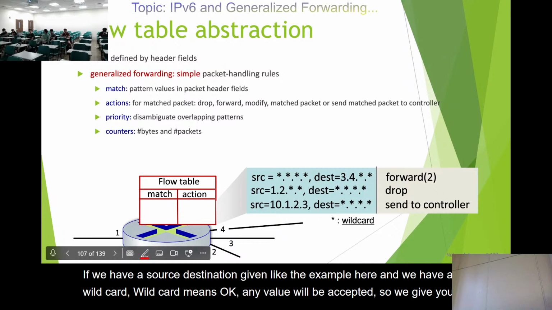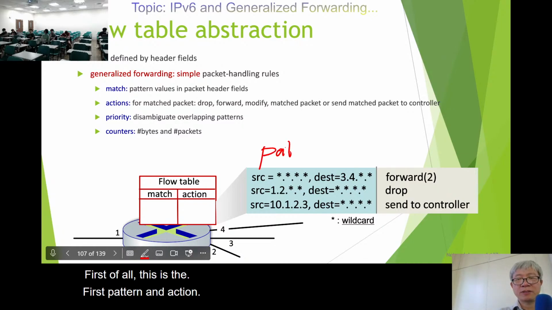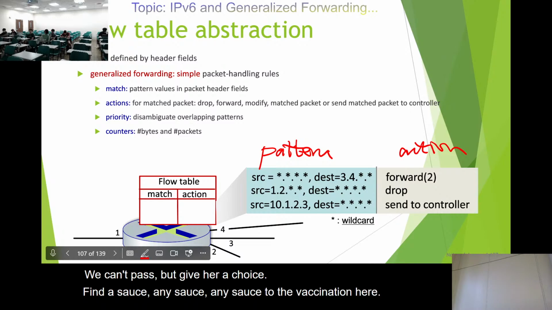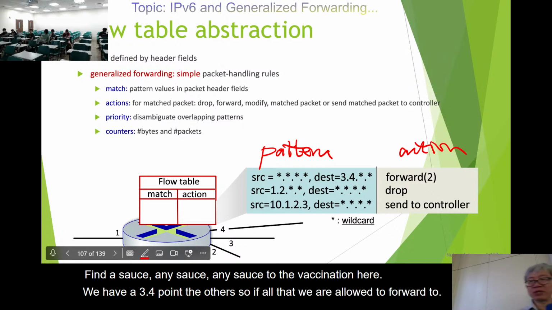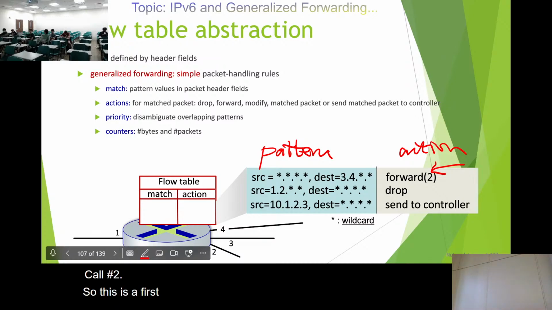And we assume, first of all, this is the first pattern and action. We can pass on the given address from the source, any source, to the destination here. We have 3.4 and the others. If so, then we are allowed to forward to port number 2. So this is the first example, match and the action.